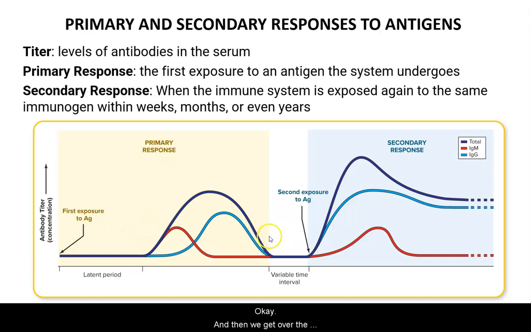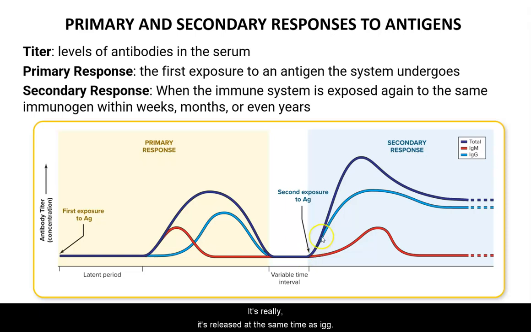Okay, and then we get over the infection and everything's okay. Then a variable amount of time goes by. This could be days, weeks, months, years, okay? And the body sees the antigen again. So this is second exposure. This is going to be our secondary response. And you can see the body makes IgM again, but it's not the first guy out.